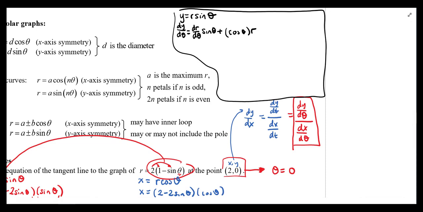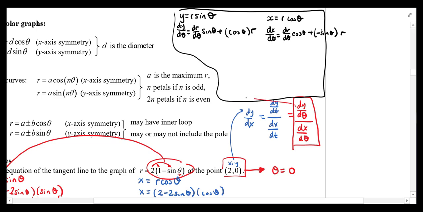I can do something similar with x. So x equals r cosine theta. Same idea, dx d theta is dr d theta times cosine theta plus negative sine theta times r. And so that's why a lot of times you'll see this in the textbook.